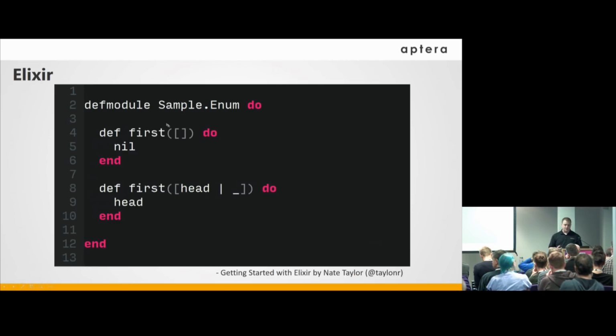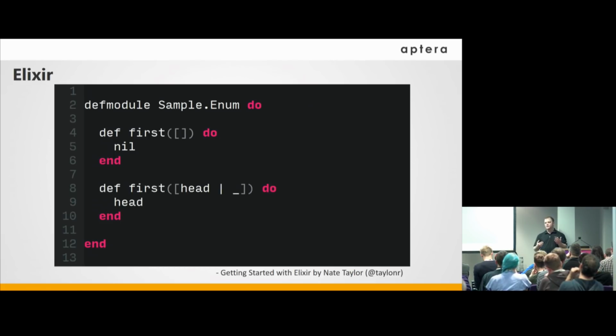This is probably foreign to you, but the square brackets indicates that something is a list. So I have two functions, it looks like, named first that both take a list. What that means is that I'm actually pattern matching on the arguments and then selecting which clause to execute based on the contents of the list, not on whether or not it's a list.